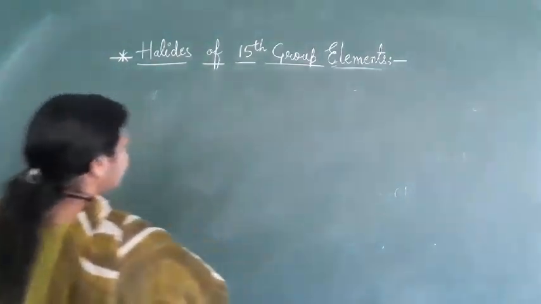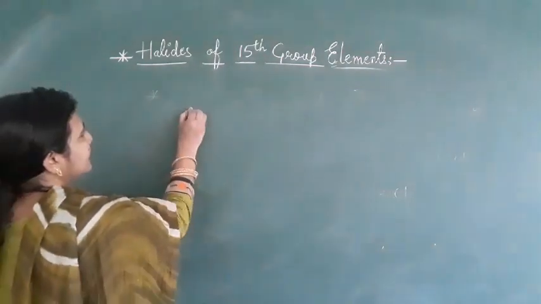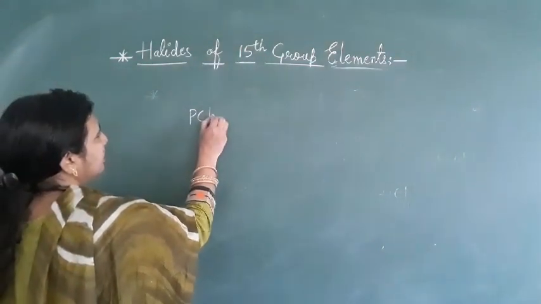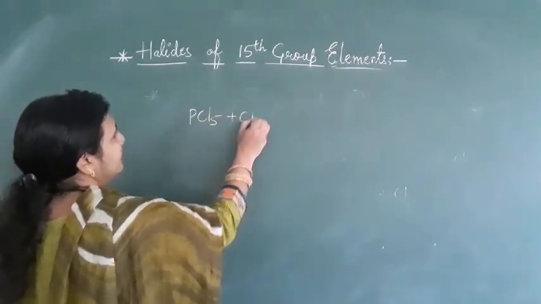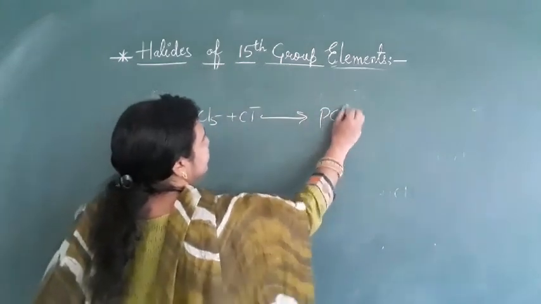When PCl5 accepts Cl minus, we get PCl6 minus.